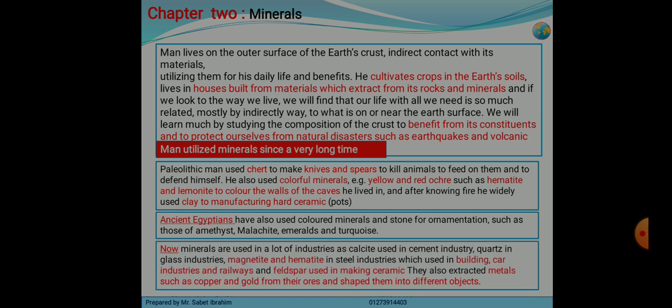And nowadays, minerals are used in many industries. For example, calcite is used in the cement industry, quartz in the glass industry, magnetite and hematite in the steel industry.